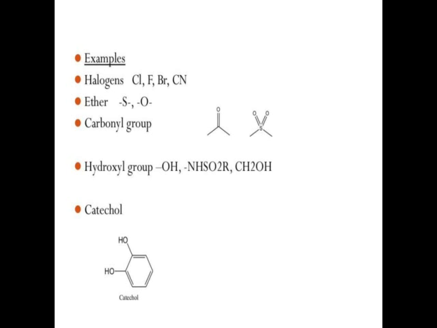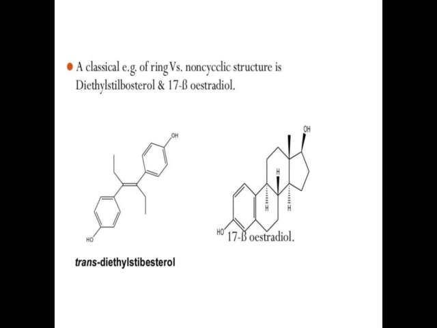So halogens can be replaced by ethers or a carbonyl group, which have a different number of electrons, a different orientation, and a different shape and electronic configuration. So this can happen in the case of isosterism. Trans diethylstilbestrol and estradiol are examples of bioisosters. So these are the factors which affect the drug activity.